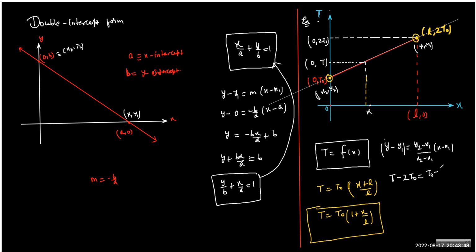What is x2? 0. What is x1? L. X minus x1 is x minus L. So we are done. So t equals 2t naught plus minus t naught by L, times x minus L. This is t naught by L.